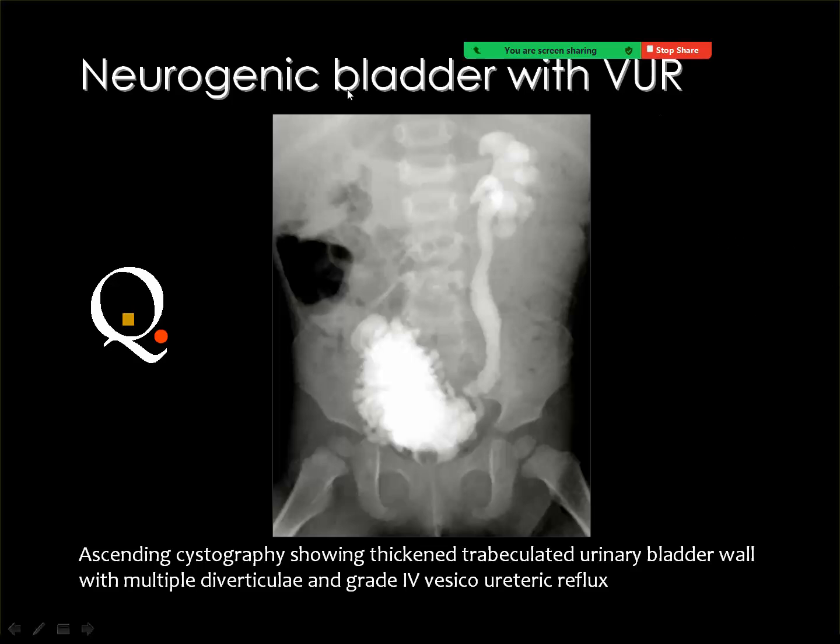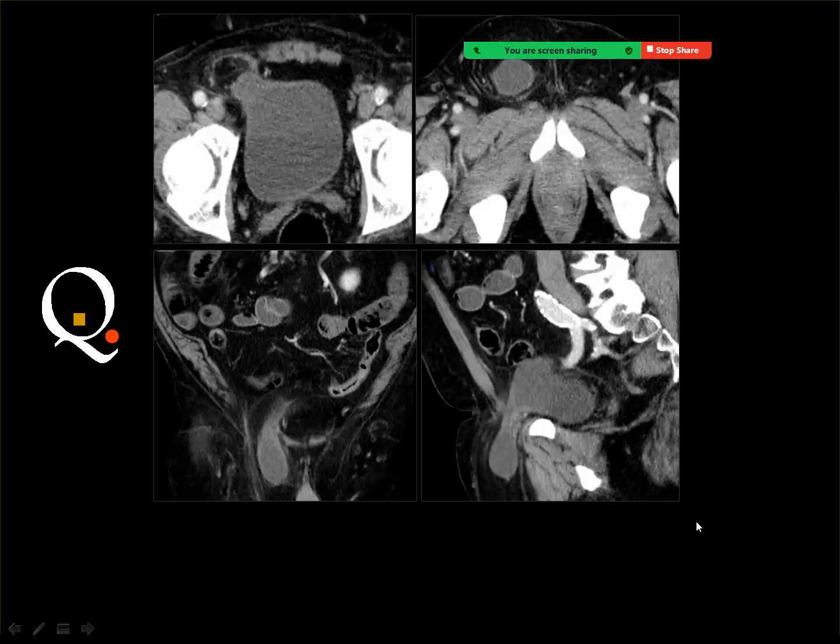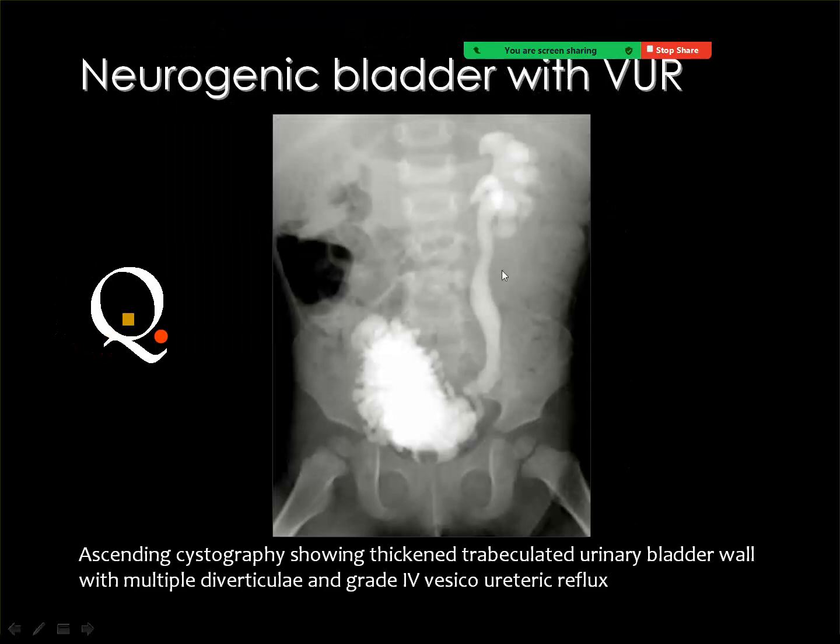This is a neurogenic bladder. You see the marked trabeculation and thickening of the wall with diverticular outpouching, and consequently you got grade 5 vesico-ureteric reflux, or maybe grade 4, because the ureter is not that tortuous.